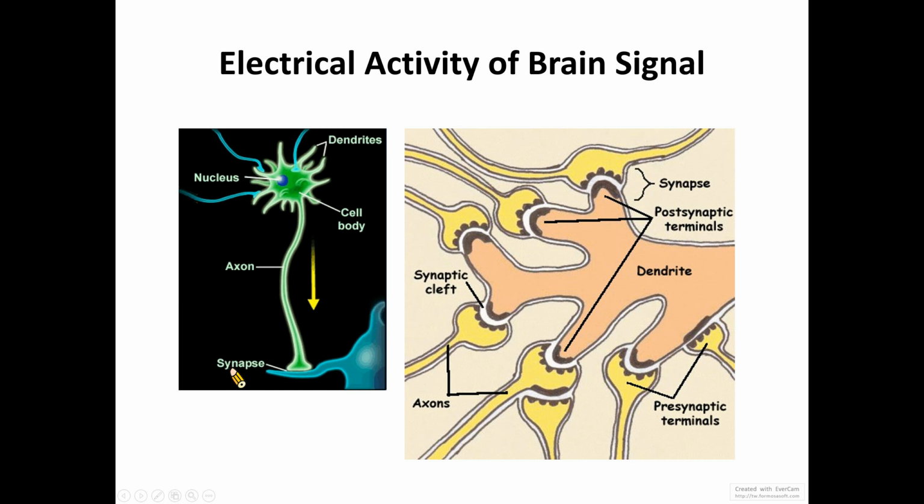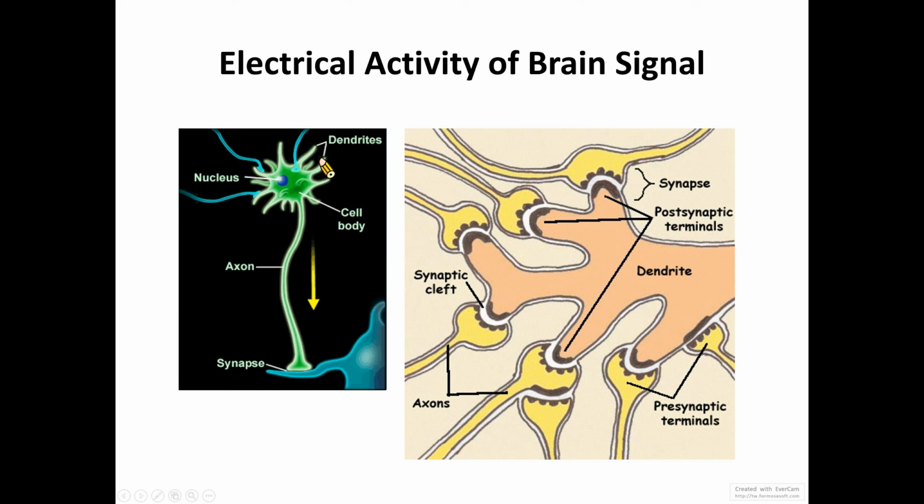There are different kinds of signal transmission in the brain, and the majority is based on electrical activities, which you can observe when the signal is transmitted from the cell body to the synapse through the axons, causing action potentials.